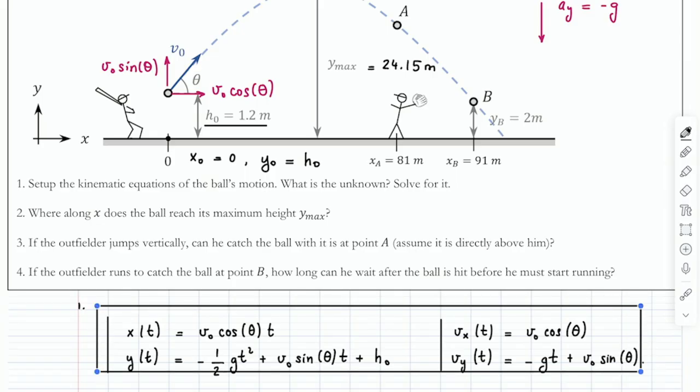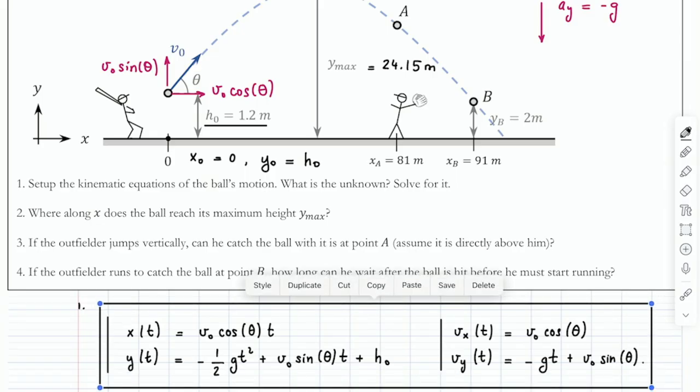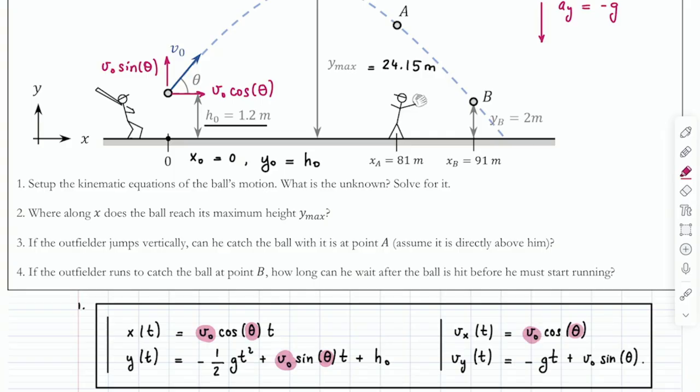So now I can answer any question about kinematics if I know v0 and theta. Because I know g, right? I know h naught, but I need to know v0 and theta to figure out x, y, v_x, v_y at any time.